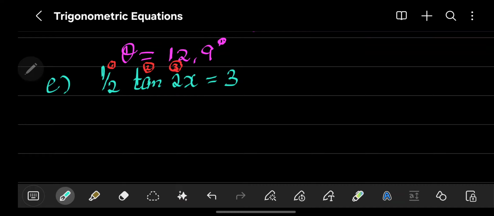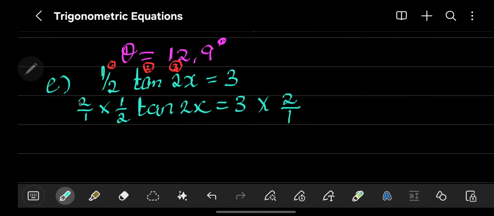Okay, let me teach you another method of removing this. I'm going to multiply by the reciprocal of this, both sides. So the reciprocal of 1/2 is 2/1, times 1/2 tangent of 2x, equals, don't forget what you did that side, you must also do this side.